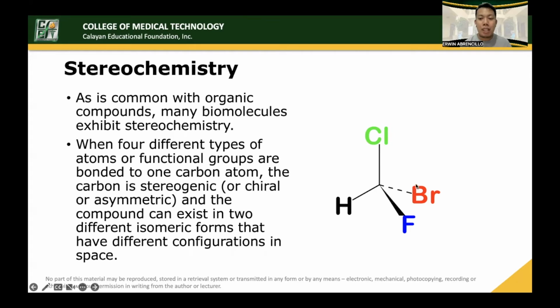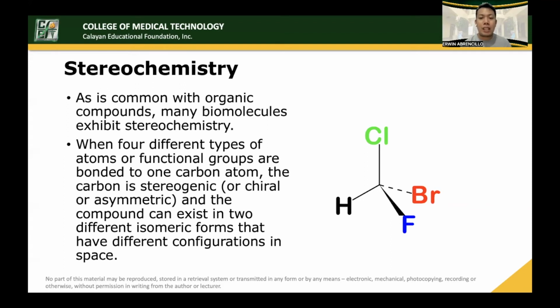For example, we have here a bromine atom bonded to carbon, a chlorine atom bonded again to carbon, a hydrogen atom, and a fluorine atom, which are all bonded to carbon. So the carbon here is known as the chiral center, and the compound is said to be stereogenic.